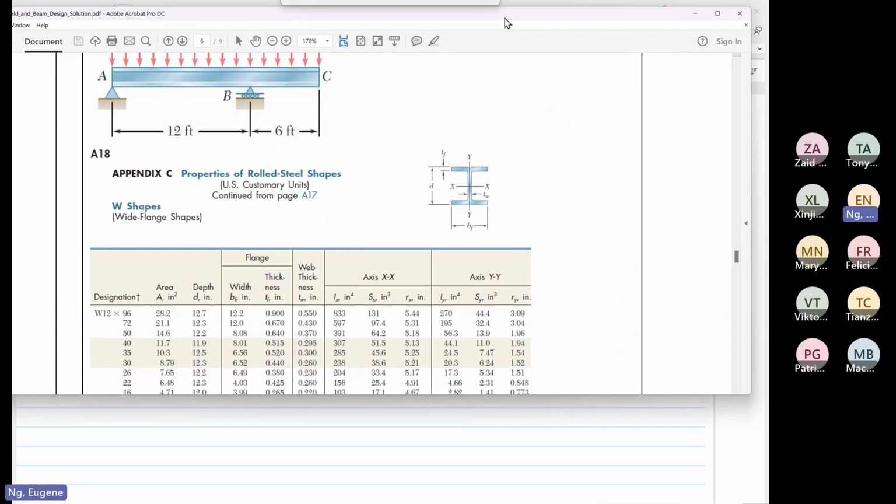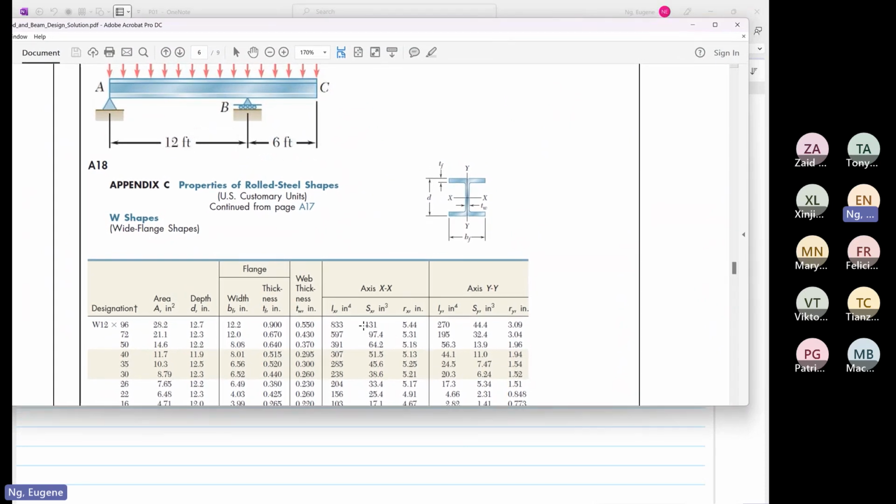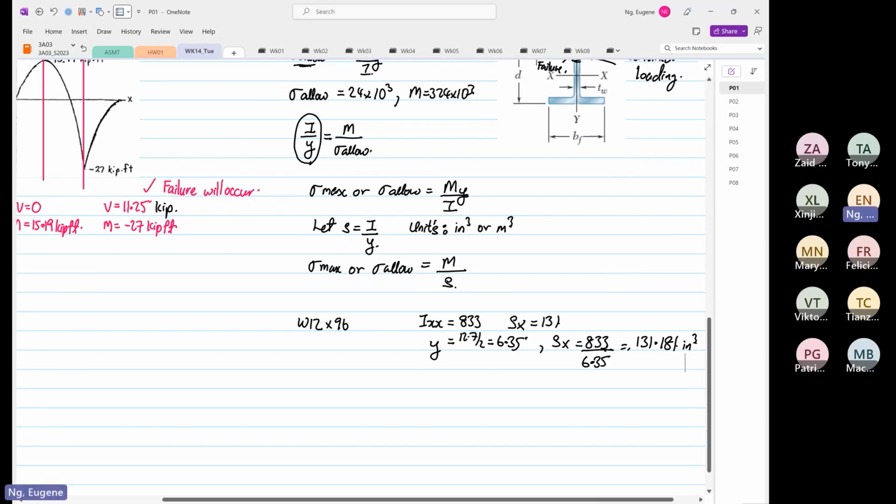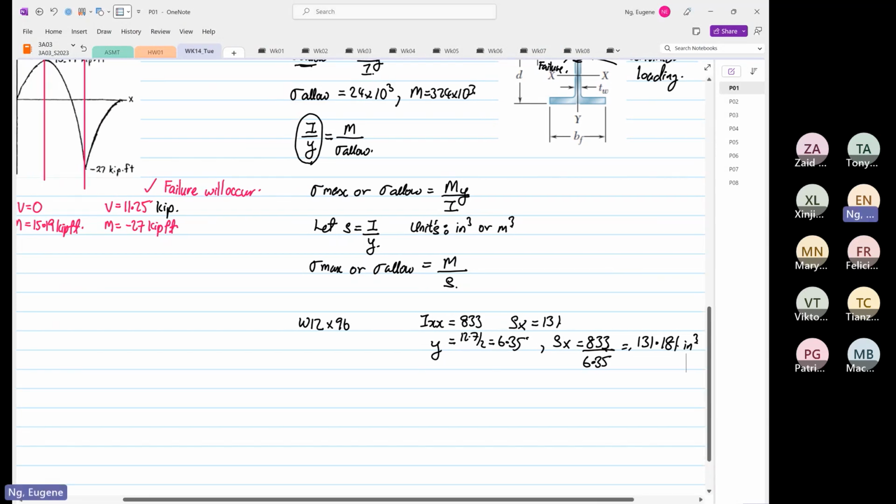We are going to use the table. You can see the table down here. Over here, you have 131.